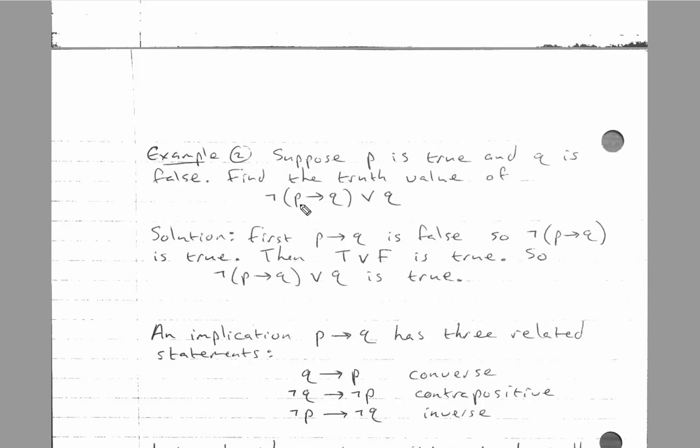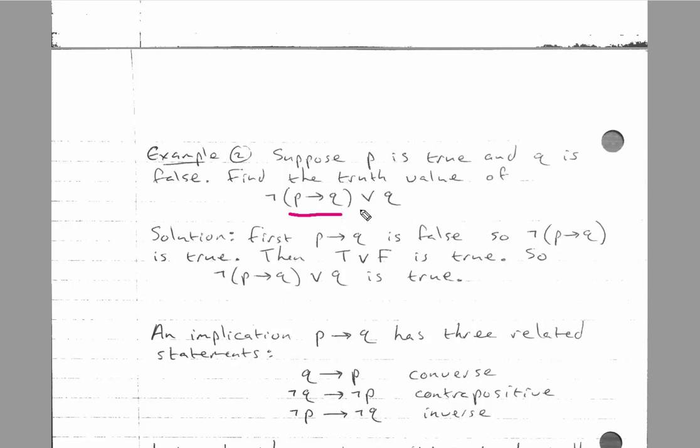Just like arithmetic, we'll work out what's in parentheses first. So this P implies Q, is that true or false? Well, P is true and Q is false. If you remember how implication works, then this is going to be false.